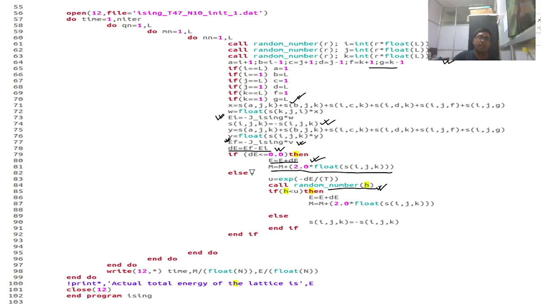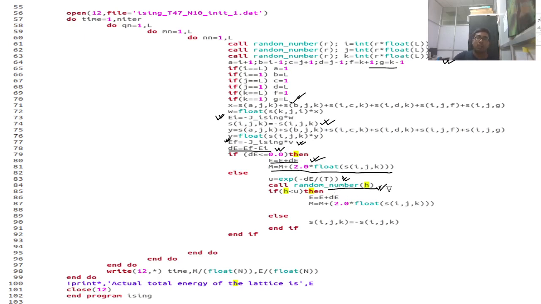Else, if DE is greater than 0, then there will be a probability of accessing this microstate, with the probability being exponential of minus DE by KT. Here K is taken to be 1 and T will be the temperature in the unit of the J Ising.